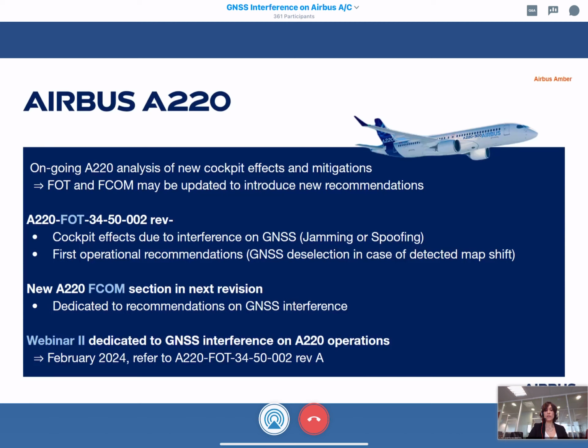The analysis of the new effects and mitigations is ongoing. A new revision of the A4T is expected early next year to provide new validated cockpit effects and potential mitigations. A GNSS interference webinar dedicated to A220 is scheduled in February, as indicated in the last revision of the A4T.